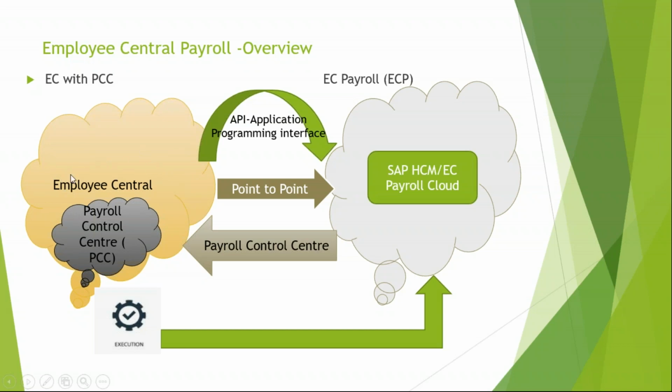Each and every landscape, like development, quality and production system, each EC instance, will have a separate company ID. Company ID is the same as a company code. That company ID is given by SAP.